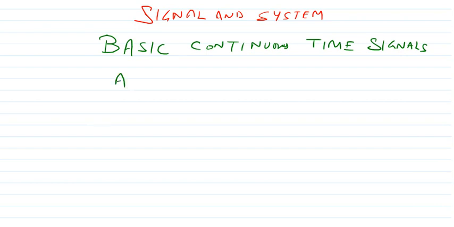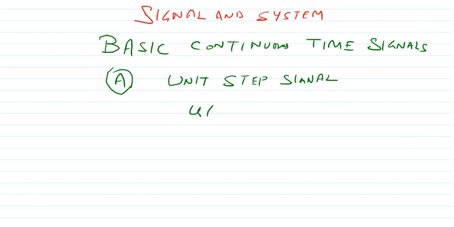So let us discuss the first signal, that is your unit step signal. The definition, all of you already know that as I am taking a continuous time signal, u(t) equals 1 for t greater than 0 and it equals 0 for t less than 0.